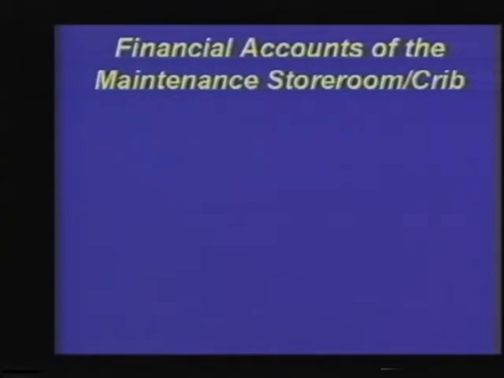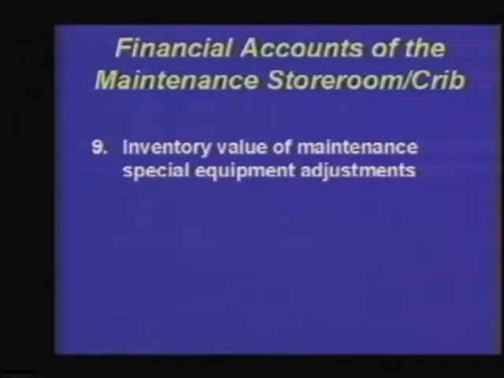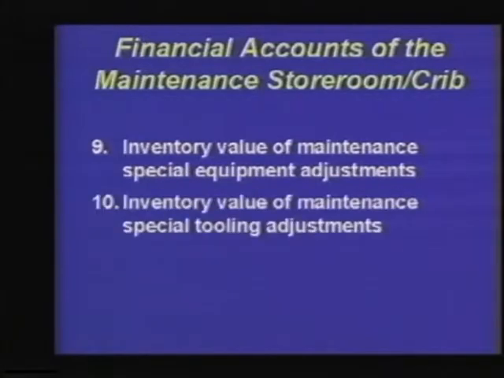And item 9 would be the inventory value of maintenance special equipment adjustments. That is where we'd actually have a loss of equipment. And continuing on in 8B, we have item 10, the inventory value of maintenance special tooling adjustments.